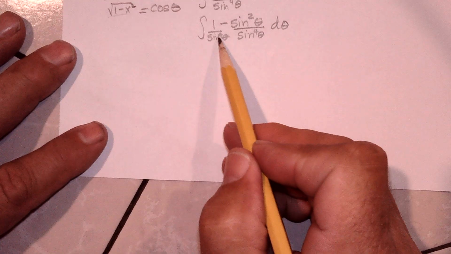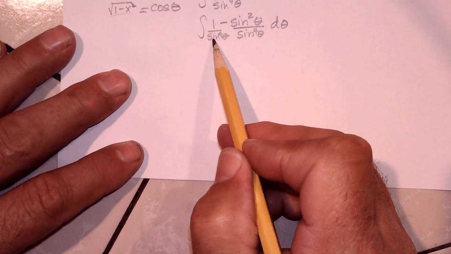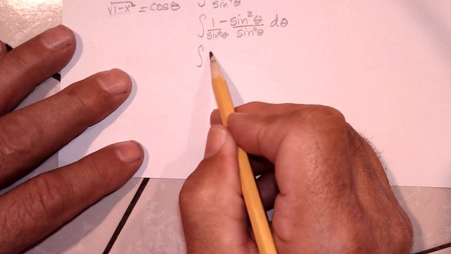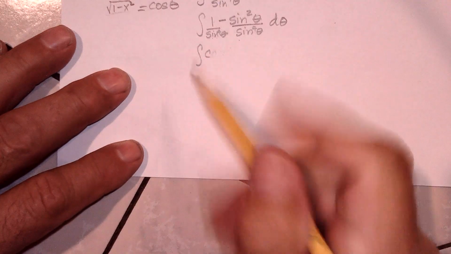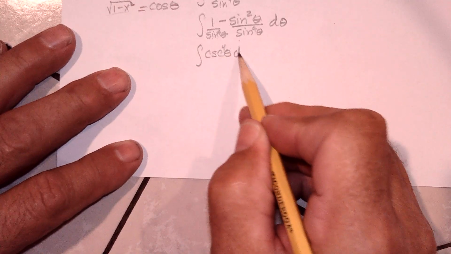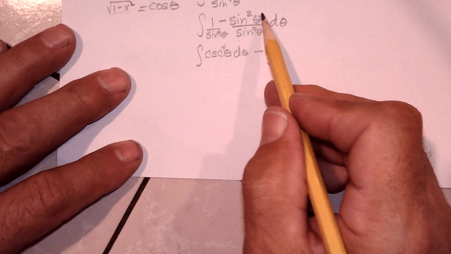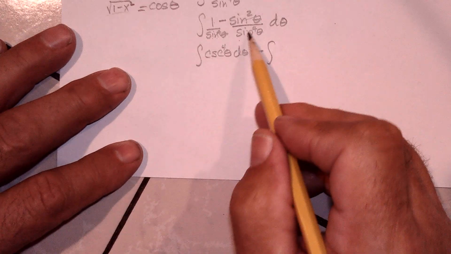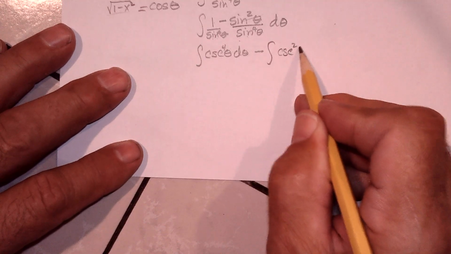And sine to the 4th, 1 over sine is cosecant. So I have the integral of cosecant to the fourth d theta minus the integral of, 2 of these cancel 2 of those, so I get 1 over sine squared. 1 over sine squared is cosecant squared theta.